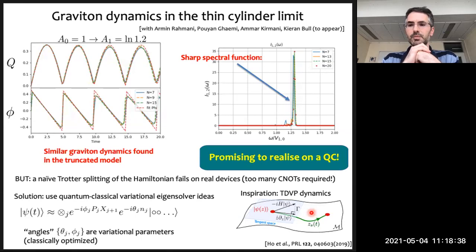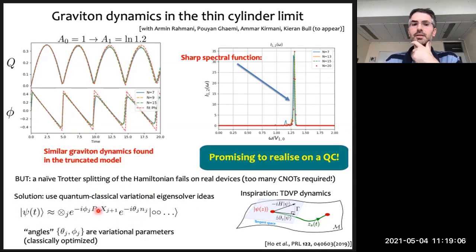So the way around these issues is to use these ideas of quantum classical variational eigensolvers. The idea is basically, if you want to get your time-evolved state at some time, you use some kind of variational ansatz to approximate that state.